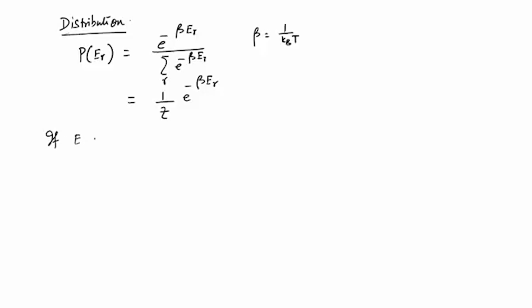So, this is the limiting case: if E is a continuous variable, which means that even if the energy levels are discontinuous, we assume that they are too close to each other and can be considered as a continuous variable, then we can write this distribution P(E) dE.